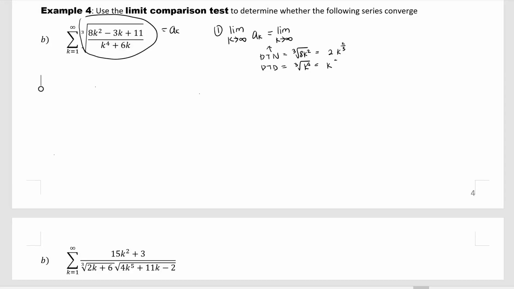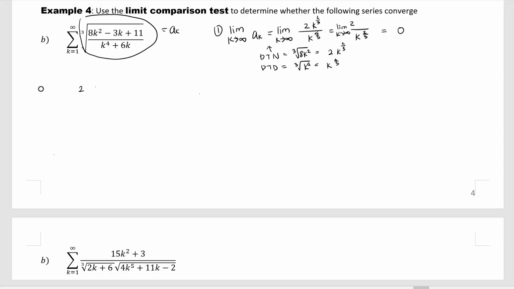That is k to the 4/3. So we have 2k to the 2/3 over k to the 4/3. The denominator has more k, so we have k to the 4/3 minus 2/3, which is 2/3. When k goes to infinity, this is 0 because our denominator goes to infinity.